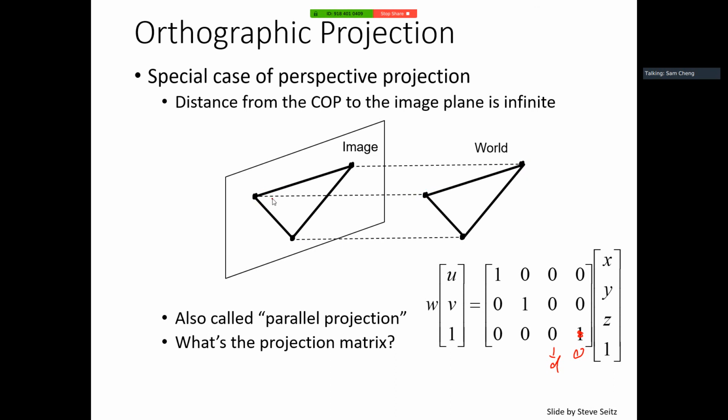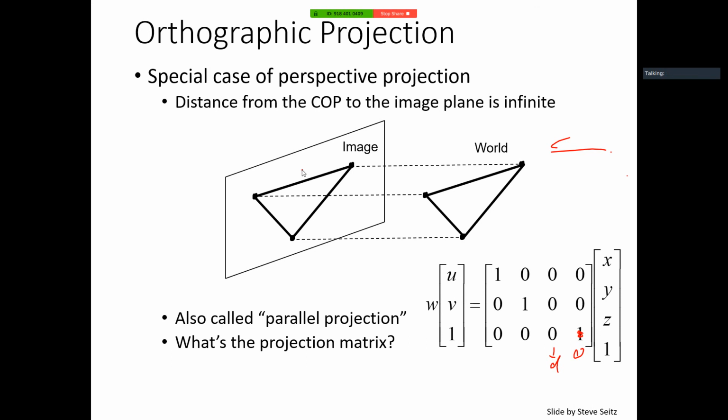And you can think of this as a light source from infinity. So you have a shadow, a 2D projection of a 3D object, with a light source infinitely far away.